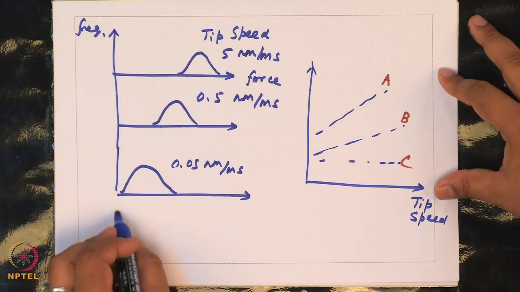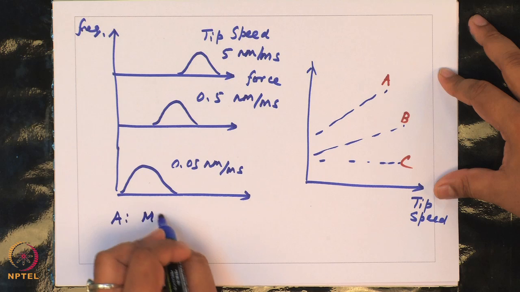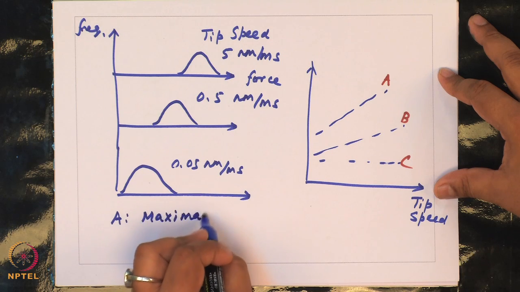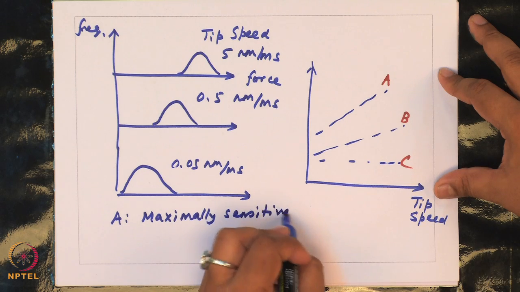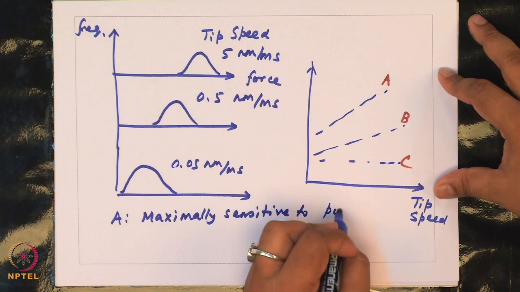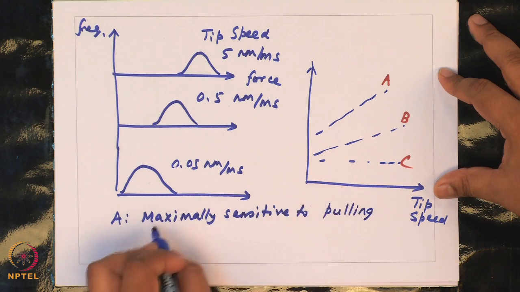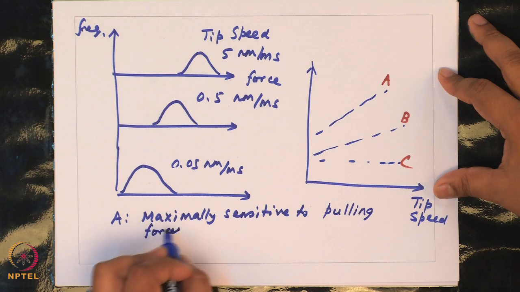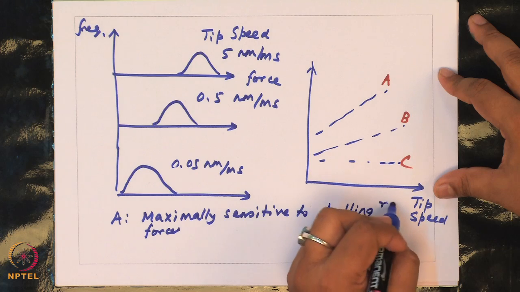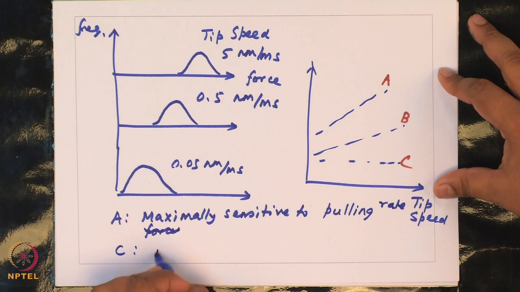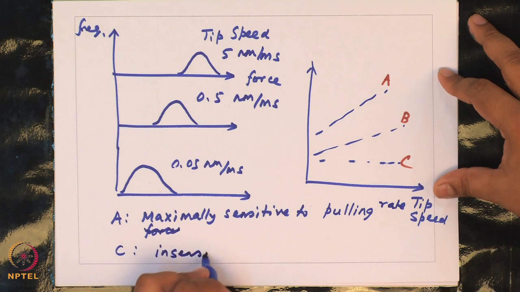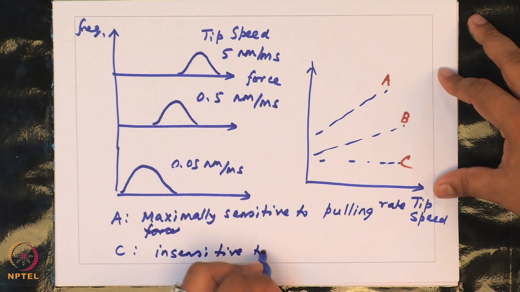In this case, A is maximally sensitive to pulling rate, and C is insensitive to pulling rate.